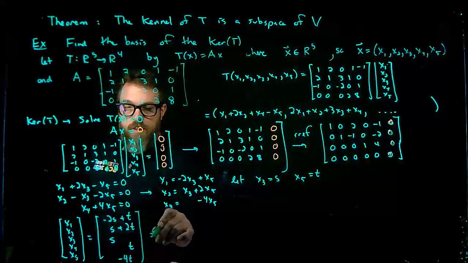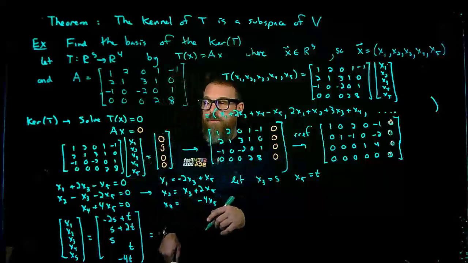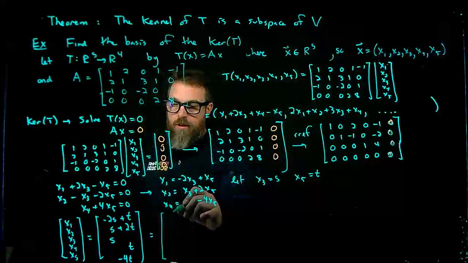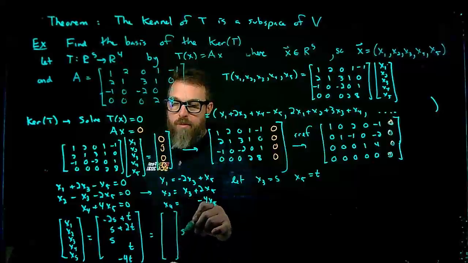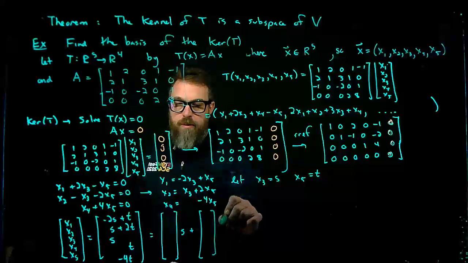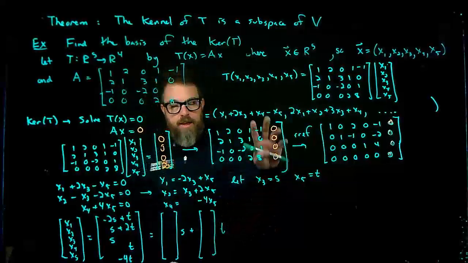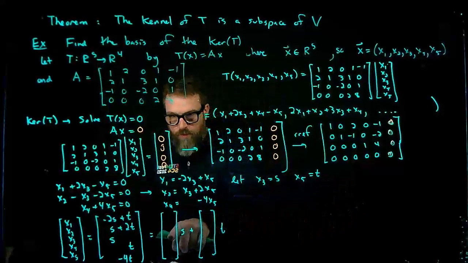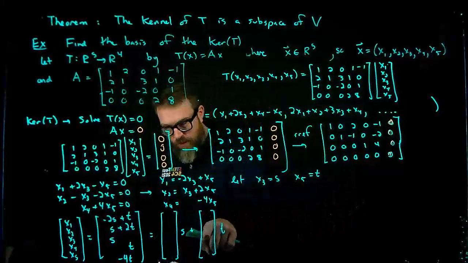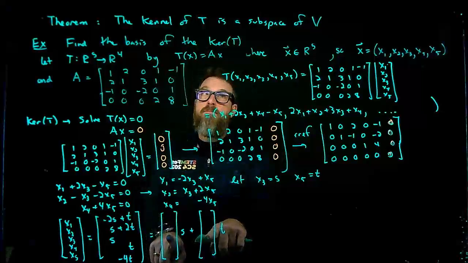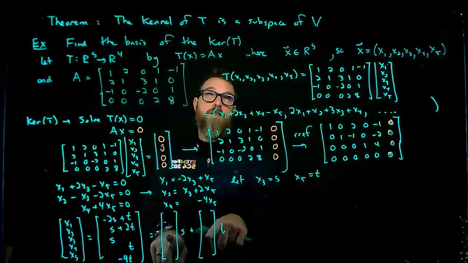So this is a linear combination of vertical matrices. What I mean is, it's one matrix times the parameter plus the other matrix times the parameter. Remember a linear combination, like C1V1 plus C2V2. These are the vectors, the basis of the subspace.